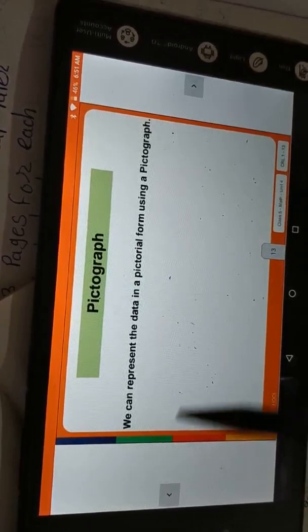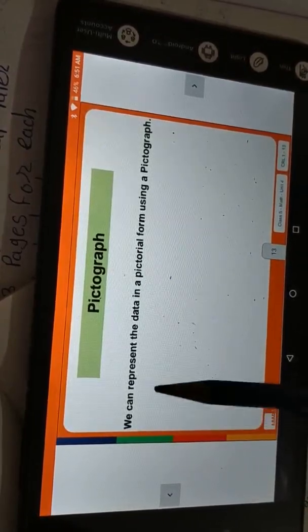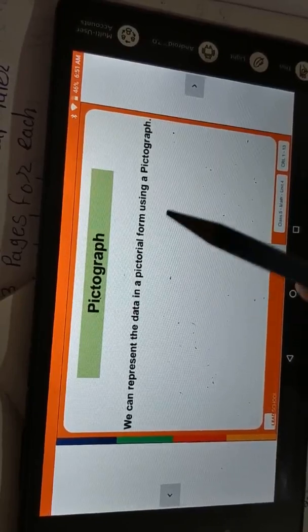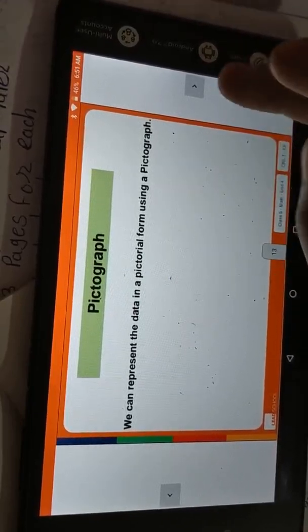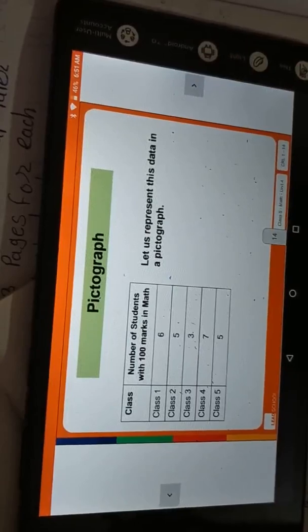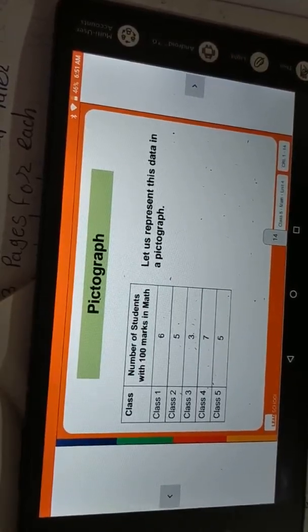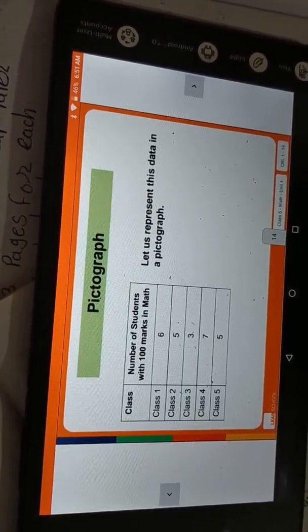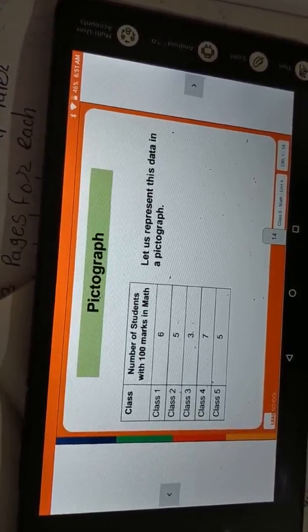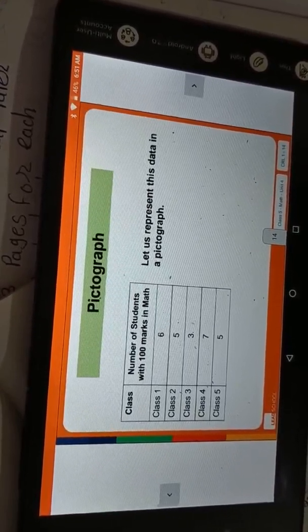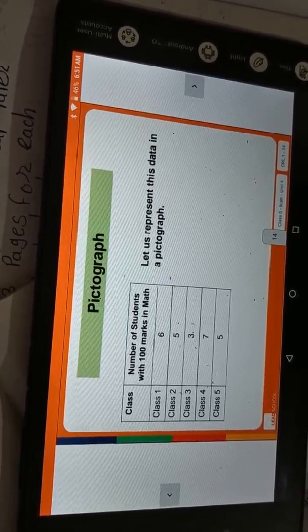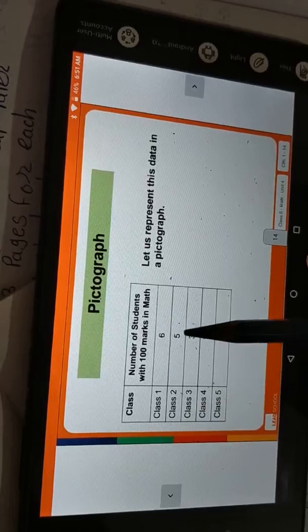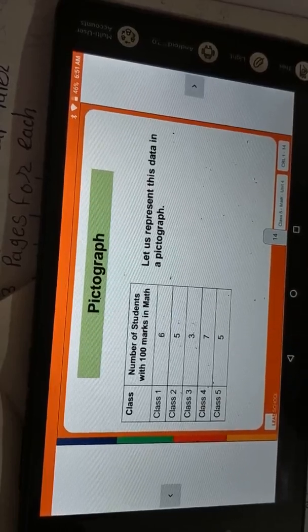Then we can represent the data in pictorial form using a pictograph. So students, class 1 has 6, then 5, 3, 7 and 5 students.